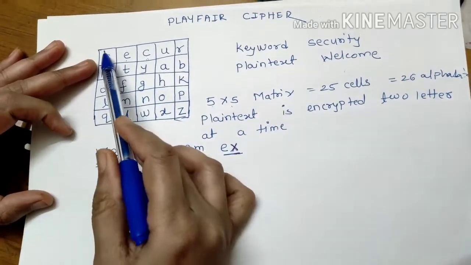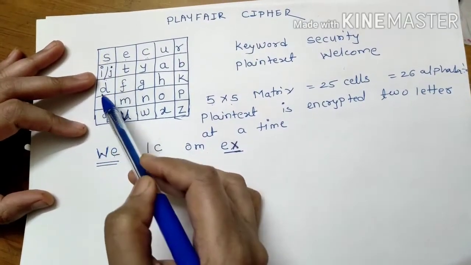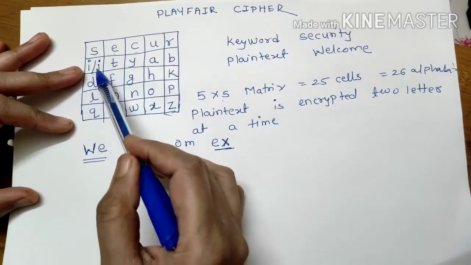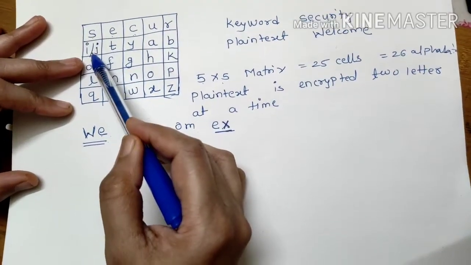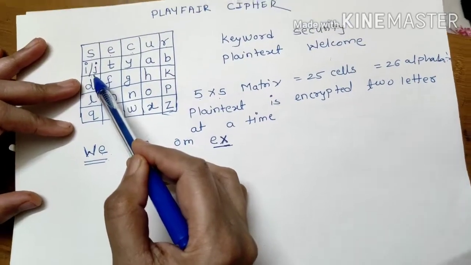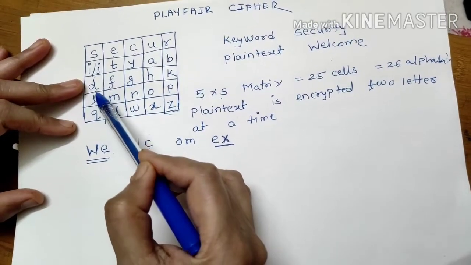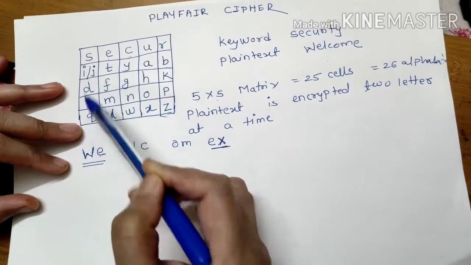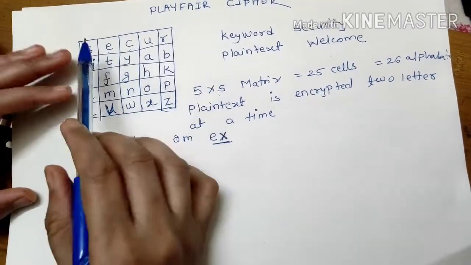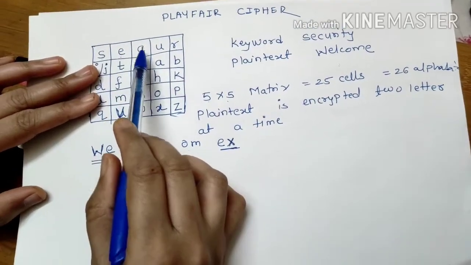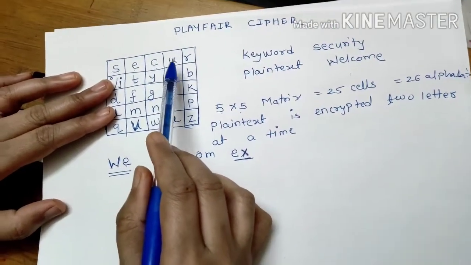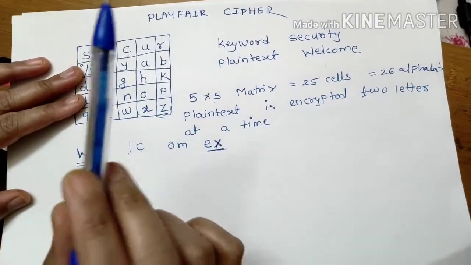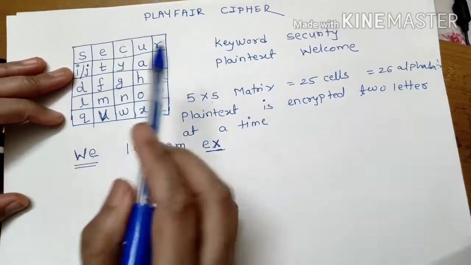If it is in the same column, then we replace each letter with the letter beneath it. That is S will be replaced with I, I with D, D with L, L with Q, and Q with S. S will be replaced with E, E with C, C with U, and U with R. That is same row and same column.